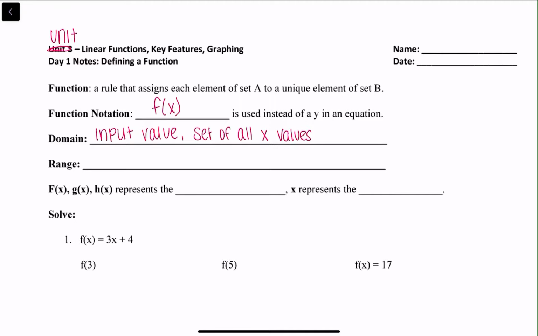Range is our output value, or the set of all y values. F of x, g of x, and h of x represents the output, while x represents the input.